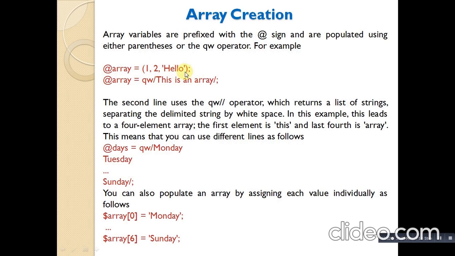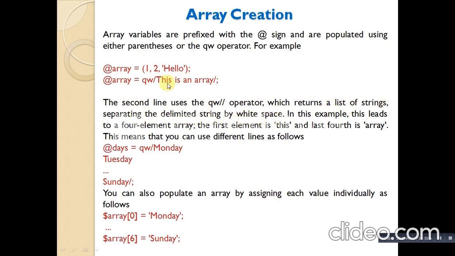The second method is the qw operator. The second line uses the qw operator, with slashes, which returns a list of strings, separating the delimited string by white space.